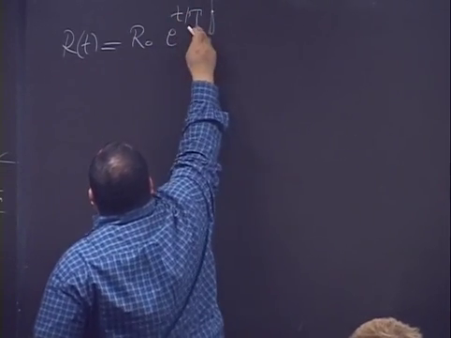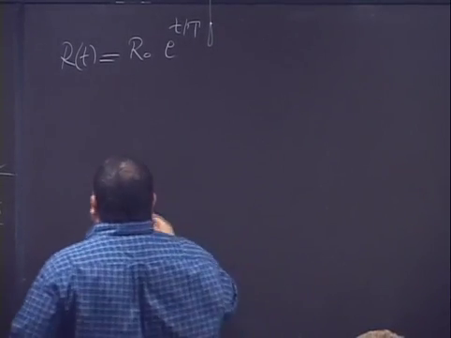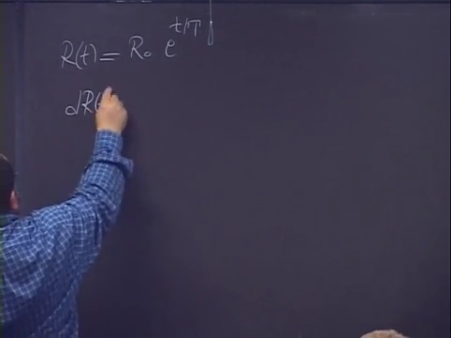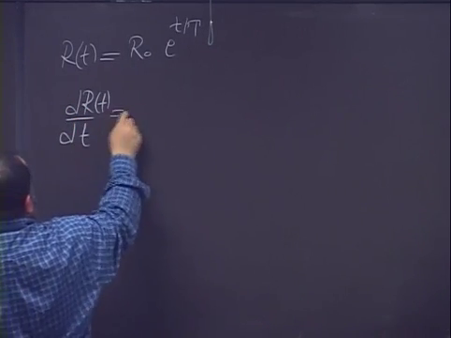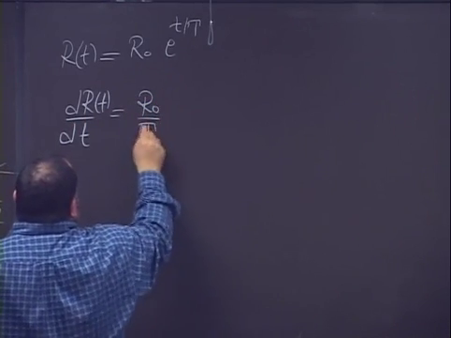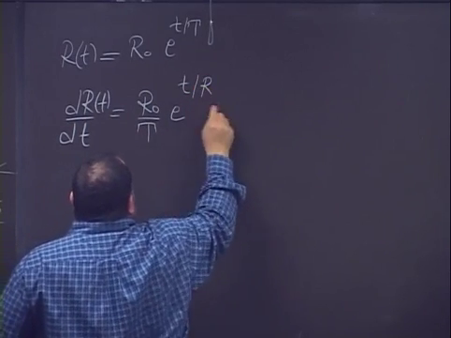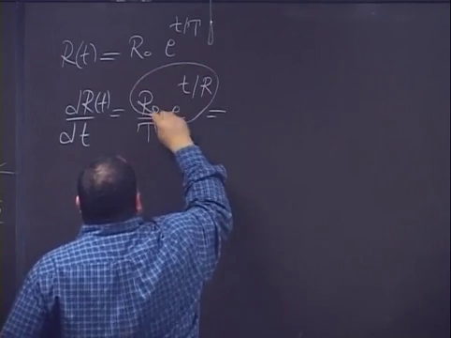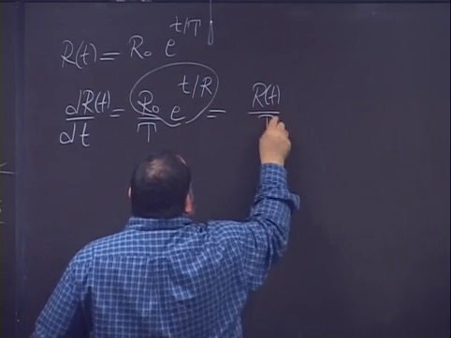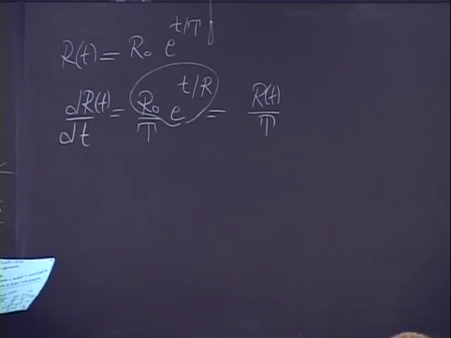So our goal is experimentally to calculate the reactor period. All you will do here is just take the derivative of this with respect to time. This will give you a constant, and this will give you 1 over tau, which is nothing more than R of t over tau.